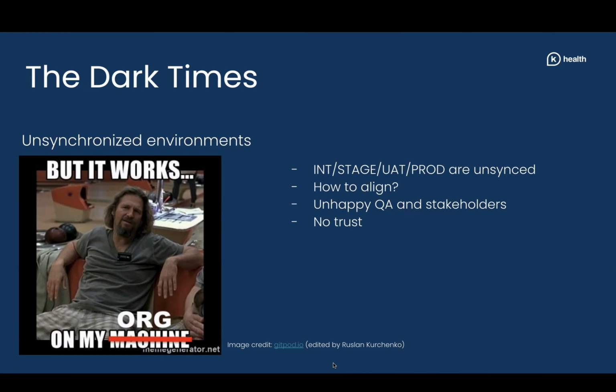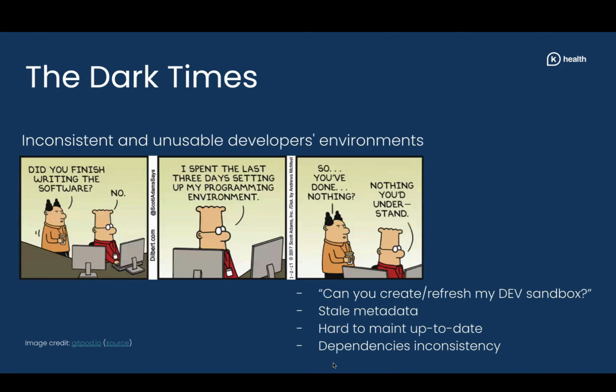Over time, you accumulate huge debt, and then you can get to the problem. So there's no trust for such a project, and this is what we had, right? And that's what I'm saying. Inconsistency of environments and inconsistency of developer environments, that's the problem.